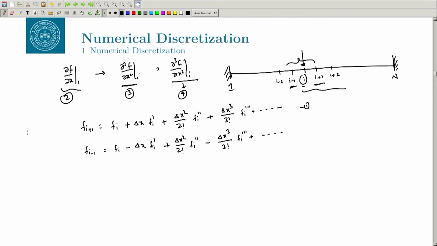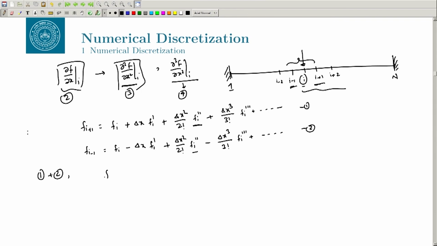This is my equation 1, this is my equation 2. What do you want to calculate? You want to calculate del 2 f by del x square at I, which is nothing but f I double prime. So, for that we will do 1 plus 2. Earlier for the central differencing scheme of the first order, we had done 1 minus 2.